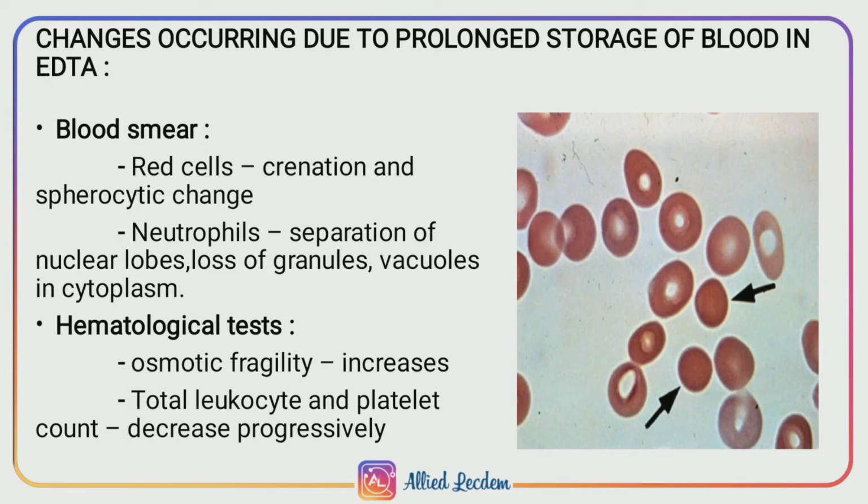In hematological tests, osmotic fragility will increase, total leukocyte and platelet count will decrease progressively. So these are some changes that occur due to prolonged storage of blood in EDTA.